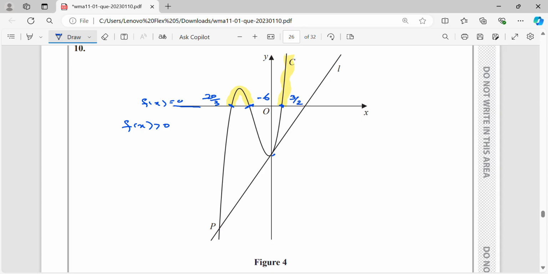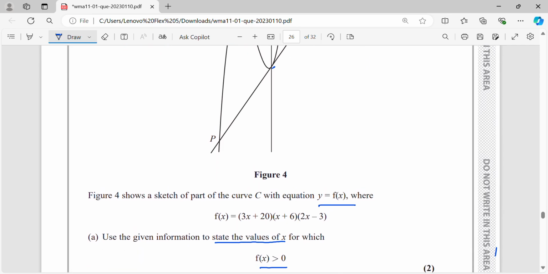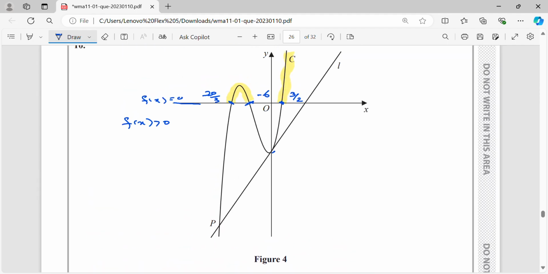Alright. Now the question says state the values of x for which f of x is greater than 0. As I said, where f of x is greater than 0, it lies from negative 20 over 3 to negative 6, and for x greater than 3 over 2.